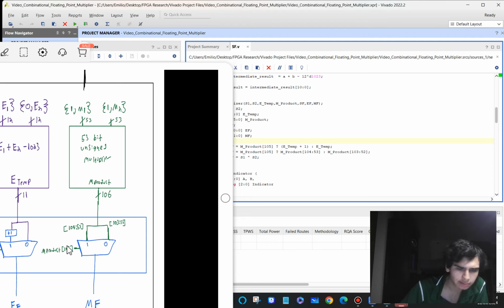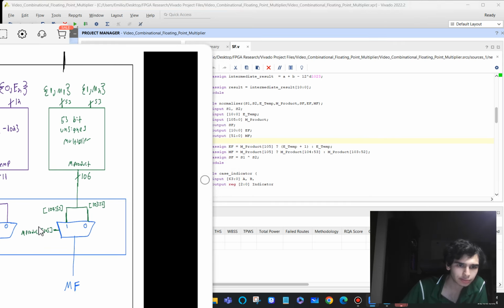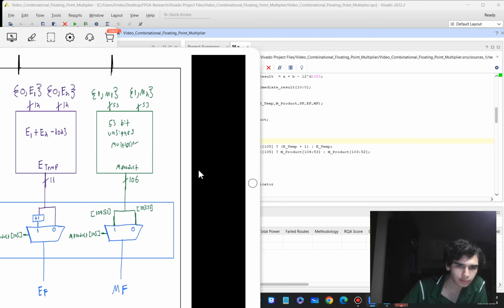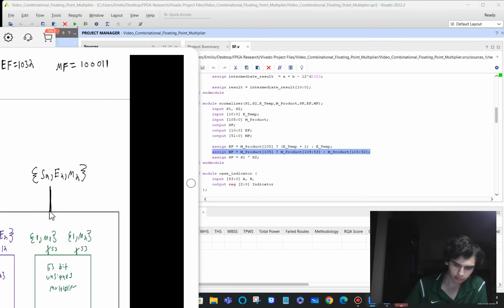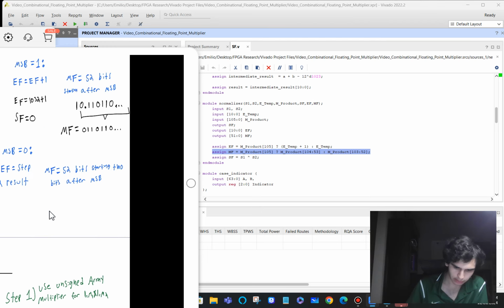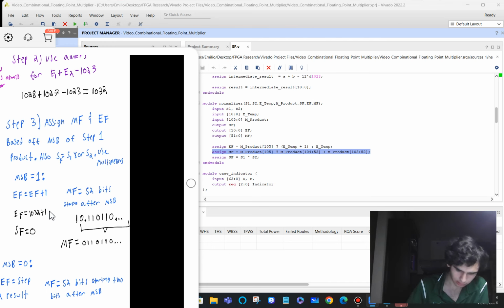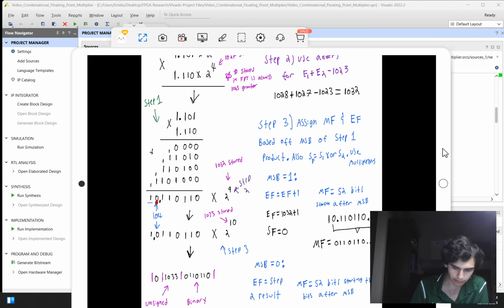And then for the last one, for our mantissa, we do this. If it's a 1, you do this path where you take the bits coming immediately after. Like right here, you take bits 104 all the way down, the next 52 ones.